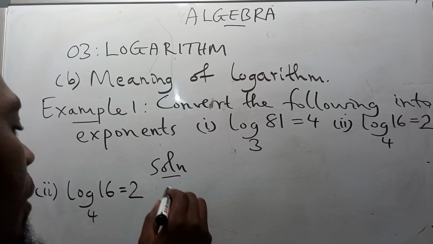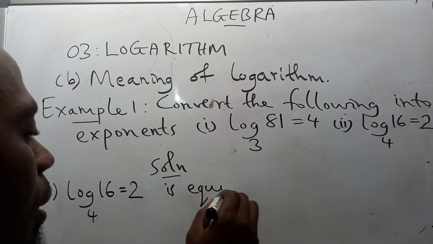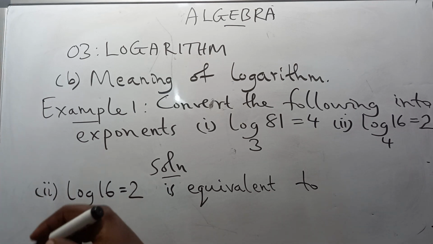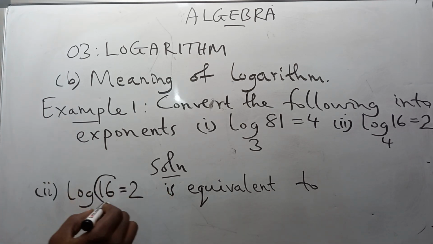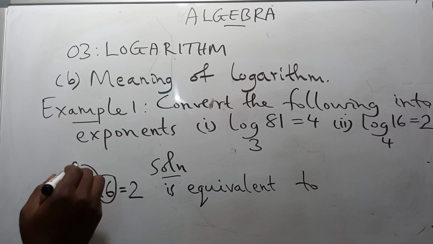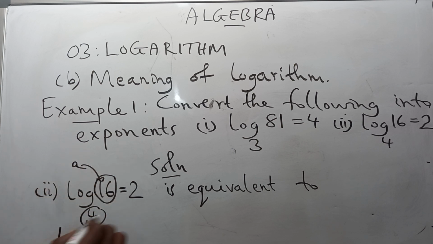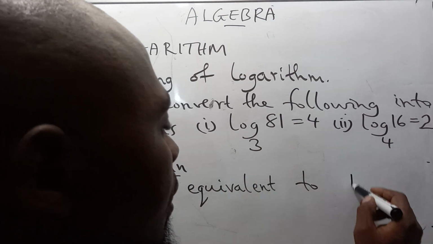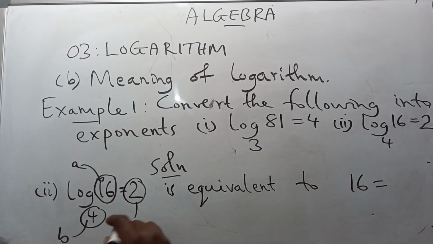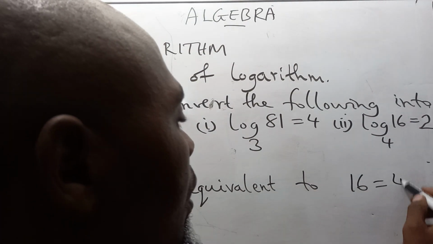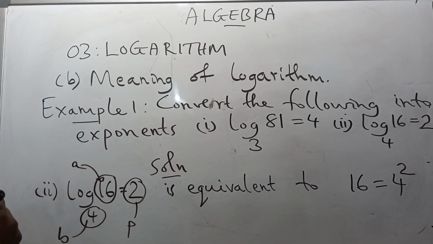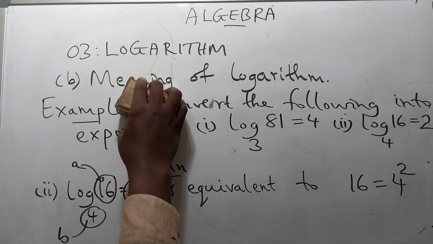This logarithm is equivalent to exponent. First, 16 is a given number, 4 is base, and 2 is power. So this logarithm is equivalent to exponent given number 16 is equal to base 4 raised to the power of 2.